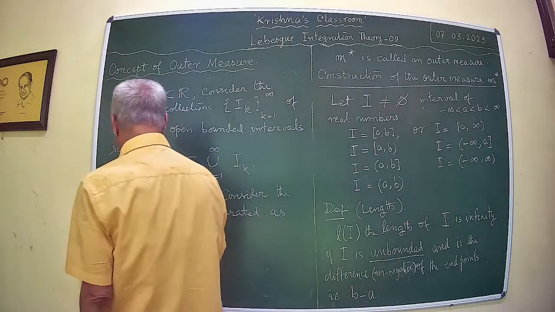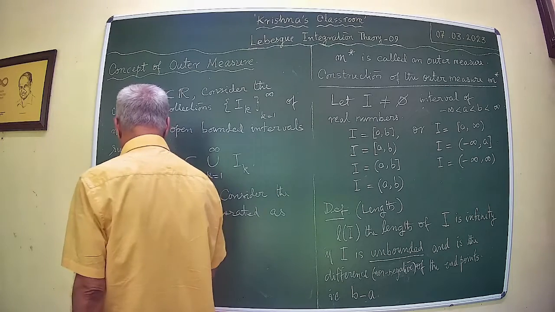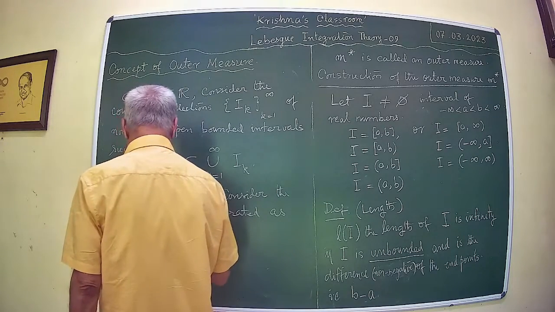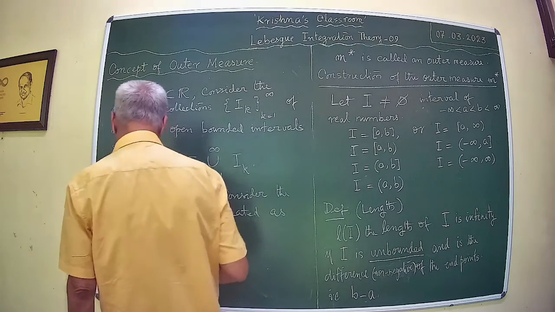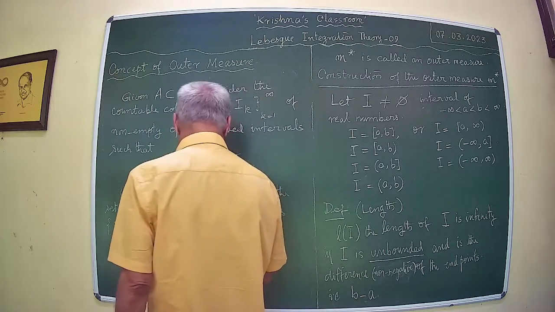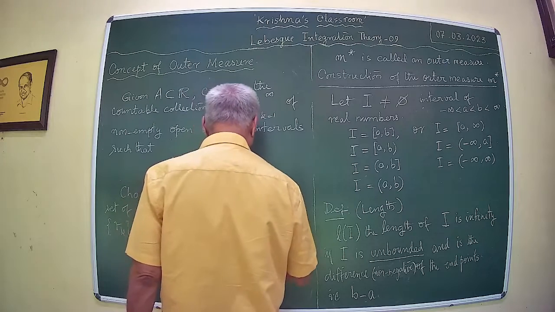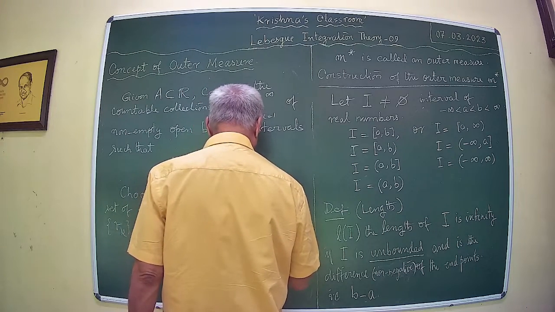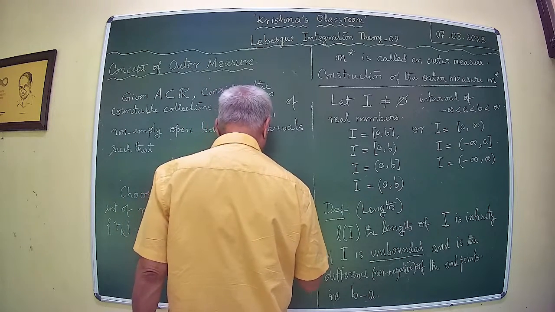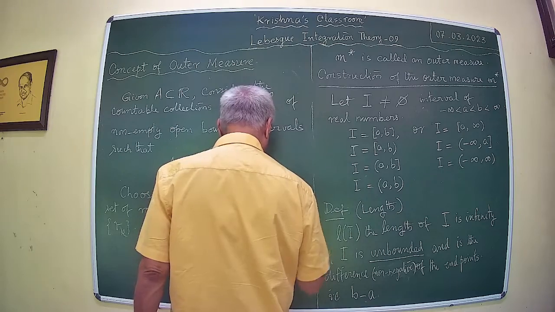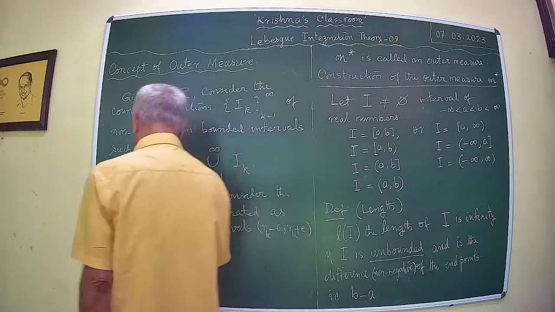Now consider open intervals around each x n of length epsilon, where epsilon is positive.